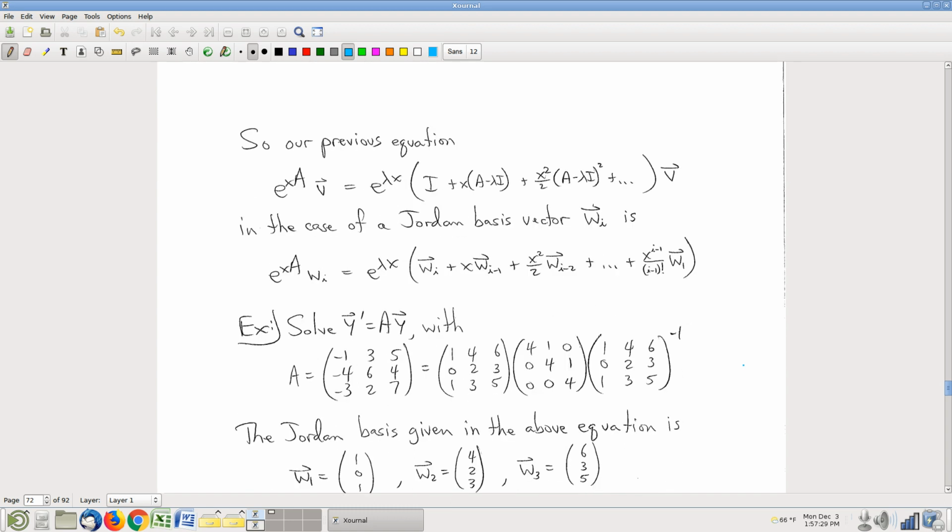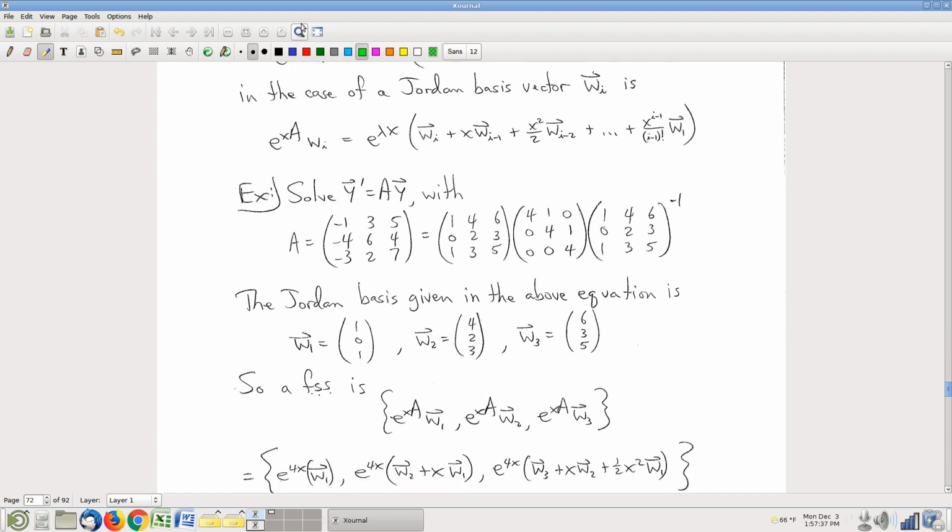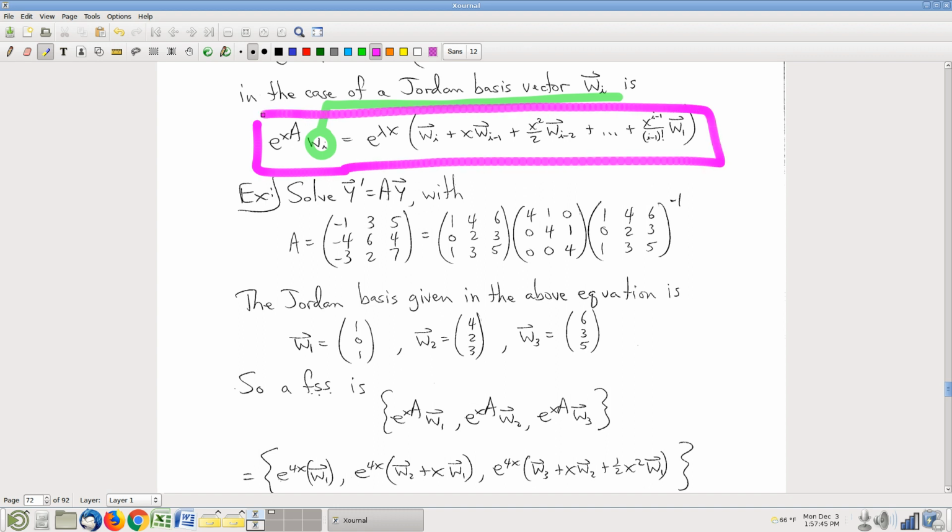So this is all optional to prove. But I think it's very nice to know that in the case of a Jordan basis vector, matrix exponential times Jordan basis vector follows this formula. So I encourage you to just memorize that formula.